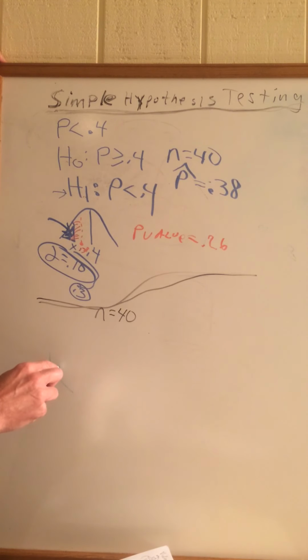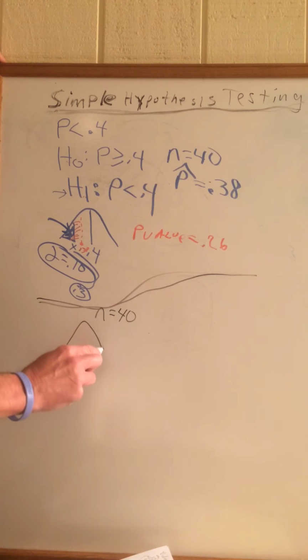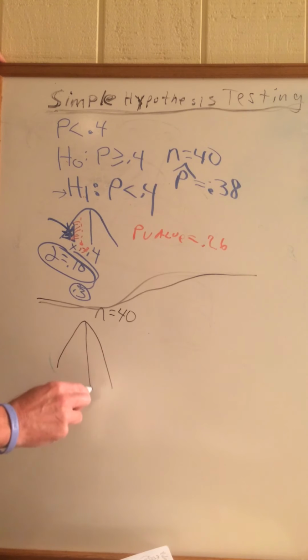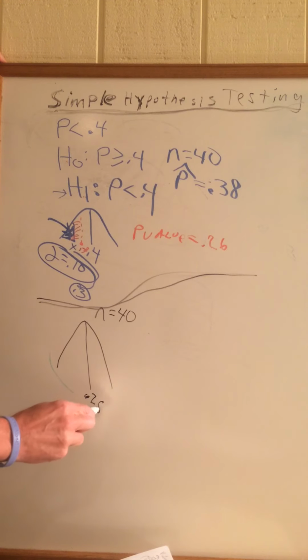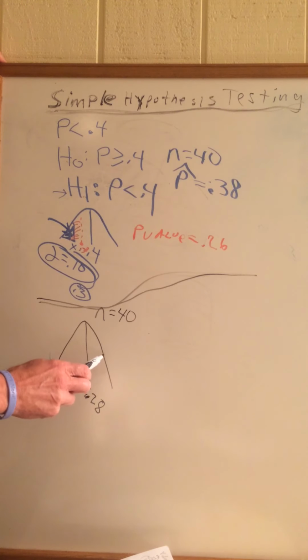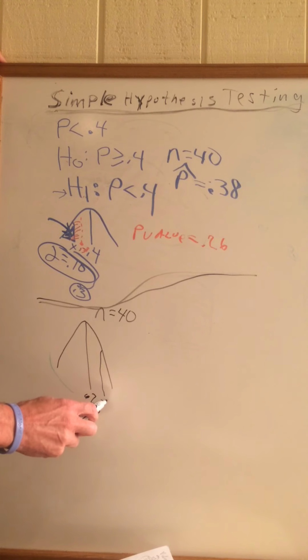Let's suppose that the distribution had a true population mean of 0.28. Sample size is 40. And we want to see that's 0.3.